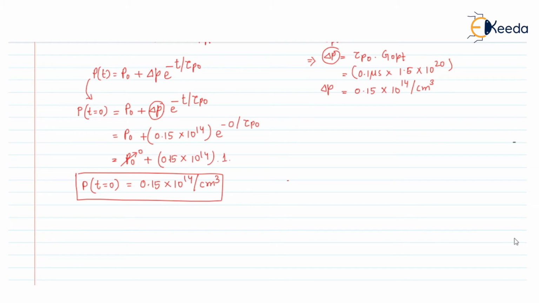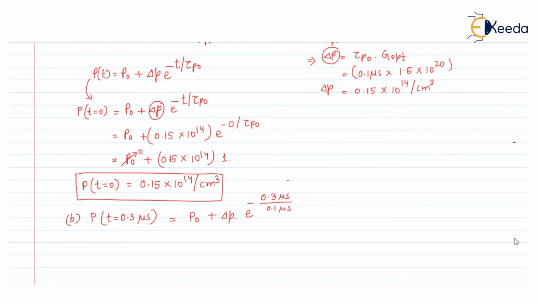Now in question B, we have to find the value of hole concentration, that is P, at T equals 0.3 microsecond. So for that case, P equals P0 plus del P into e to the power minus 0.3 microsecond divided by the tau P0 value, which has been given as 0.1 microsecond.